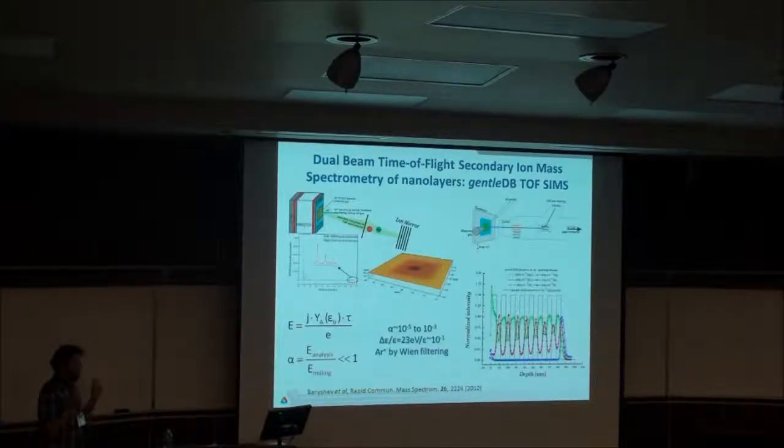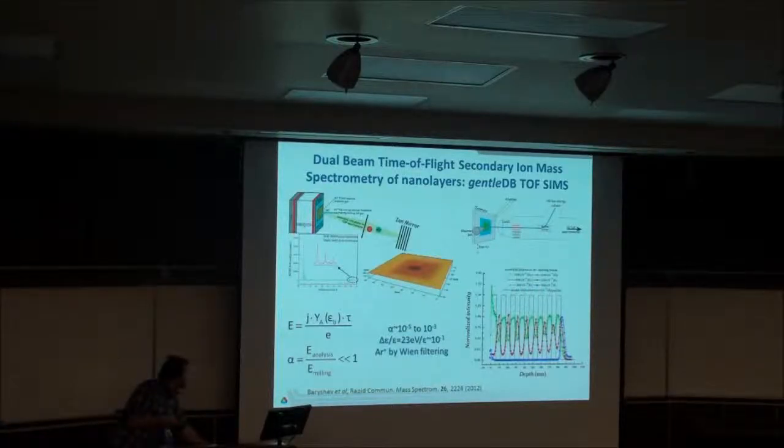When I say we sputter at 250 electron volts, it means our beam is monoenergetic to an extent of 1/10. We also pre-select pure argon plus ions by Wien filtering of both guns. This is one more plot showing how we deliver our beams, and we also have an electron microscope attached to this. Again, I think I'm going to go to the next slide.